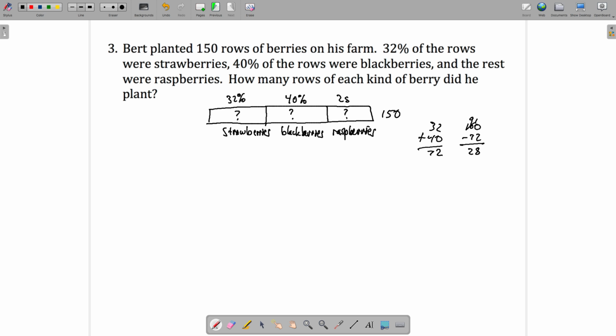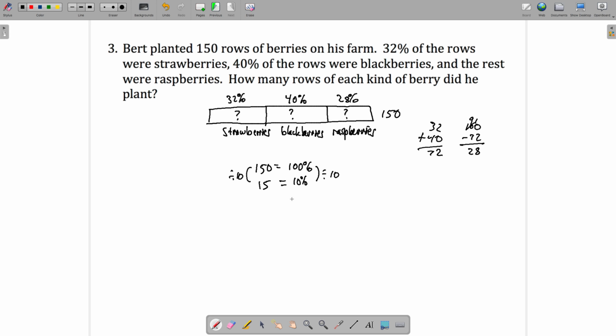So this is 28%. Now I just need to find all these percentages. So 150 equals 100%. I'm going to get my 10%. I know that's always useful. So divided by 10 equals 15.